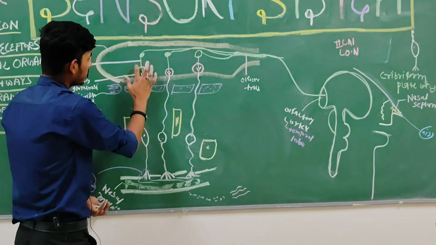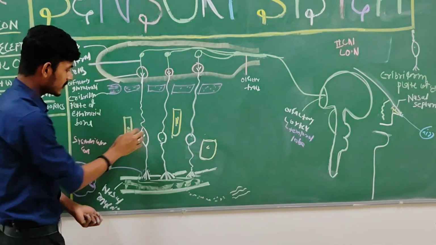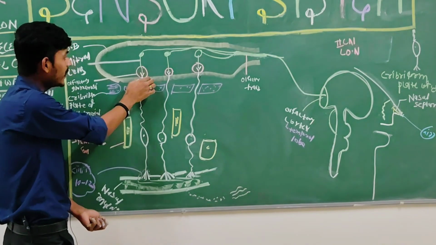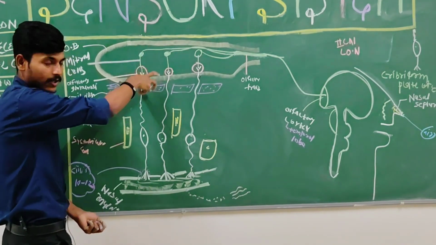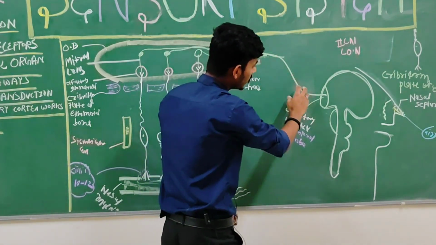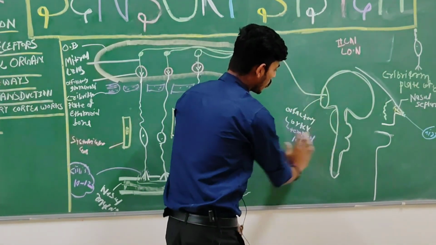Now the synapse is made between two things: the olfactory receptor dendrite part and the mitral cells axon part. Now they further send the message to the olfactory cortex.